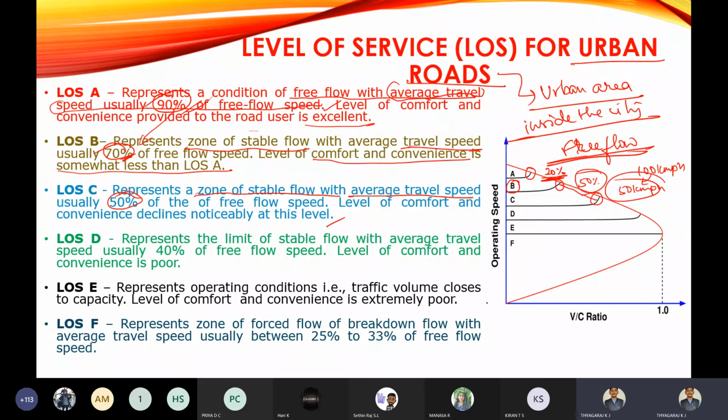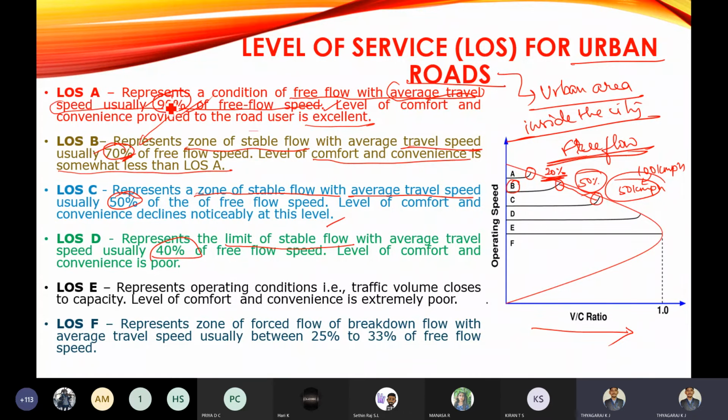Then level of service D represents a limit of stable flow with average speed that is 40% of the free flow speed. As you keep on going down, that is, as the density keeps on increasing or the volume to capacity ratio increases, the speed keeps on decreasing.